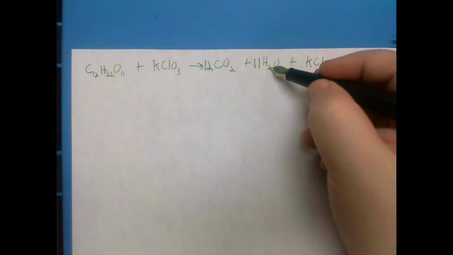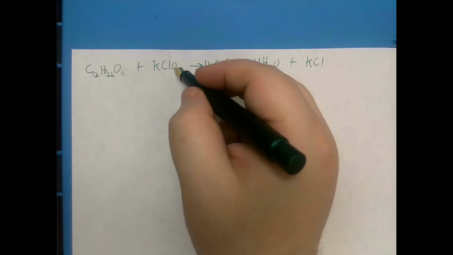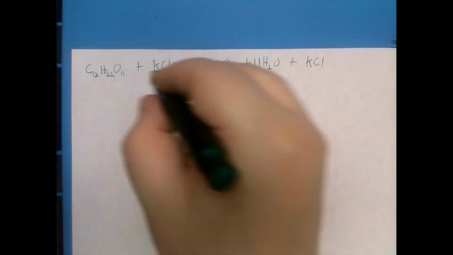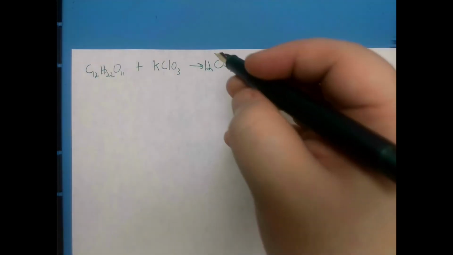So 11 times 2 gives you 22. Next, balance the oxygen, because there's oxygen in this. The potassium and chlorine are already balanced right now, temporarily.